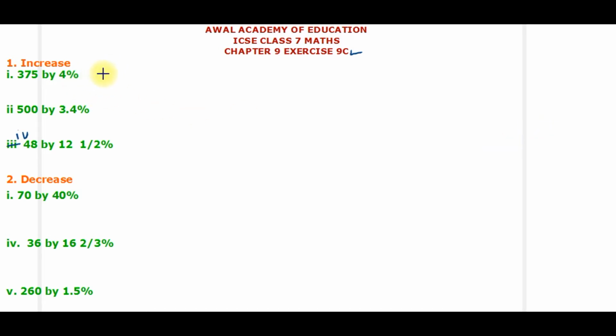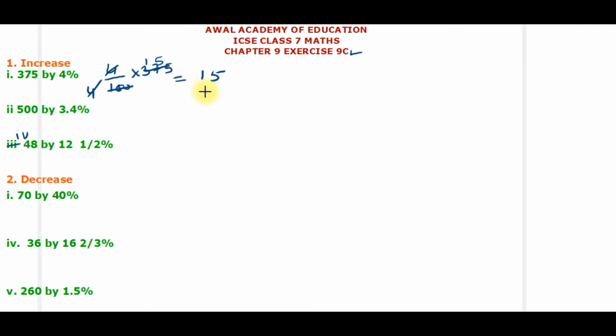To show the increase, first we will find out 4% of 375. 25 times 4, 4 cancels 4, so 4% of 375 would become equal to 15.